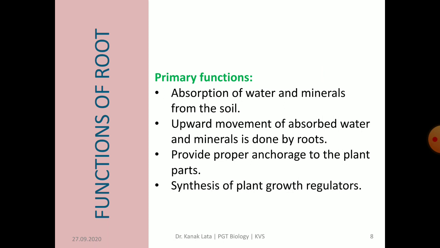There is upward movement of absorbed water and minerals by the roots. Roots also provide proper anchorage to the plant as well as synthesis of plant hormones or plant growth regulators.